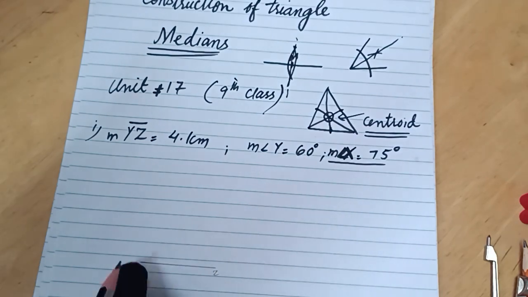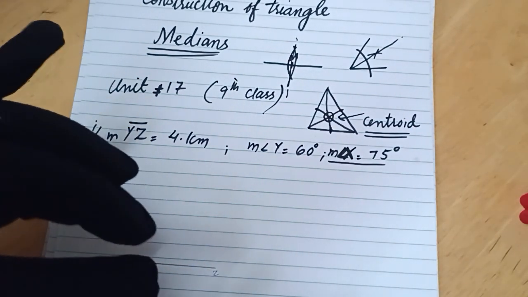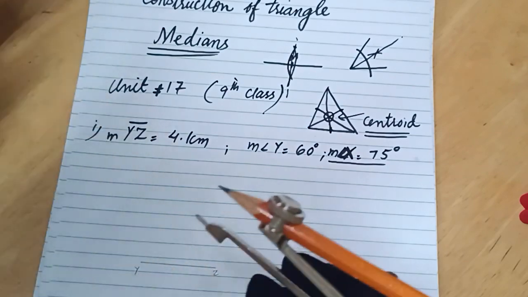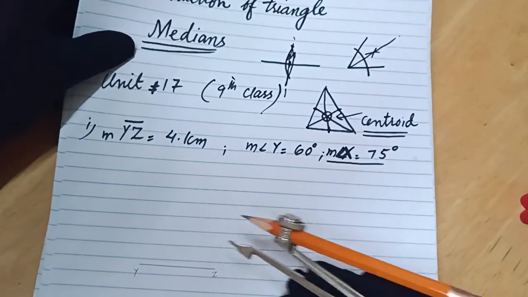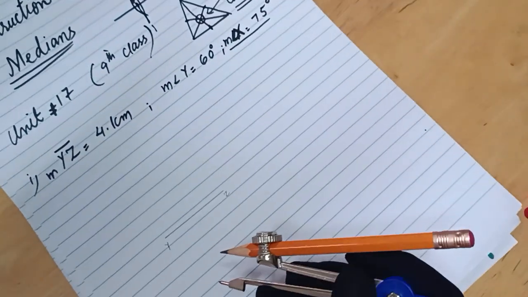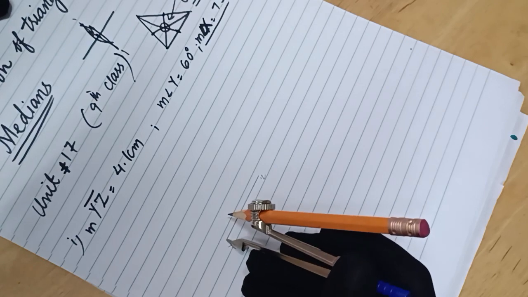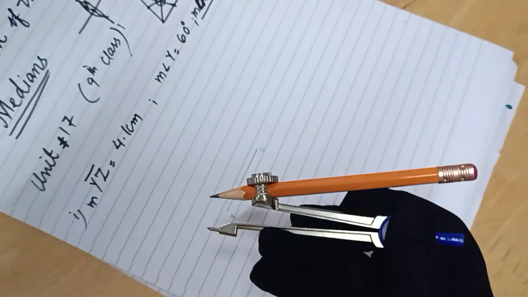On y you can draw 60 degree, a very basic angle. Open the compass according to any idea. Then after this, rotate your page as you want. I will rotate on this side because this is my right side to draw.